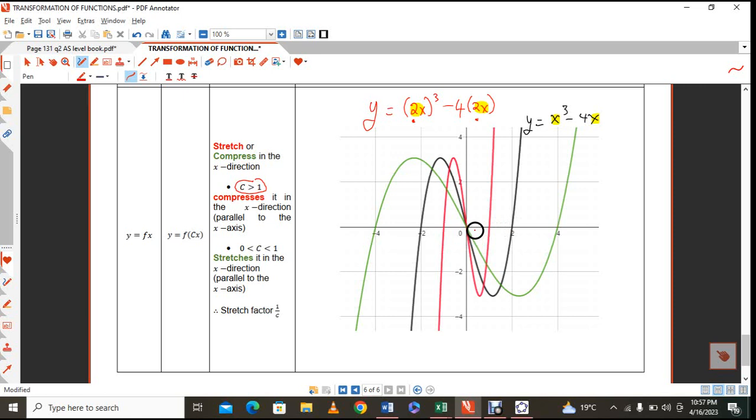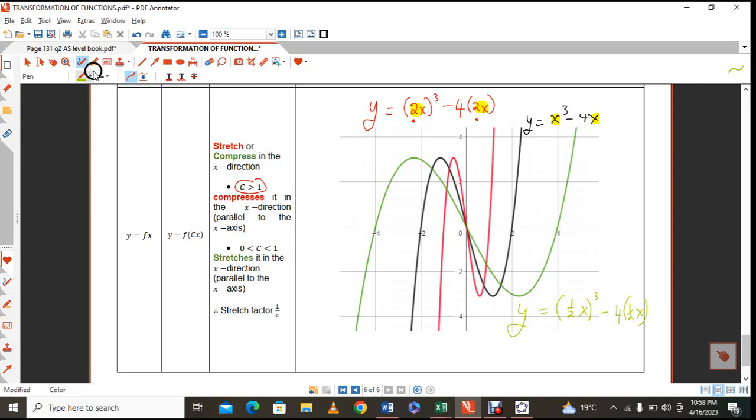It compresses in the x direction, getting narrower and narrower. Now, for example, that's the green one that I'm going to bring out. If we have the same function, but now I'm putting in a half in front of that x, I'm going to have 4 times the half of x.